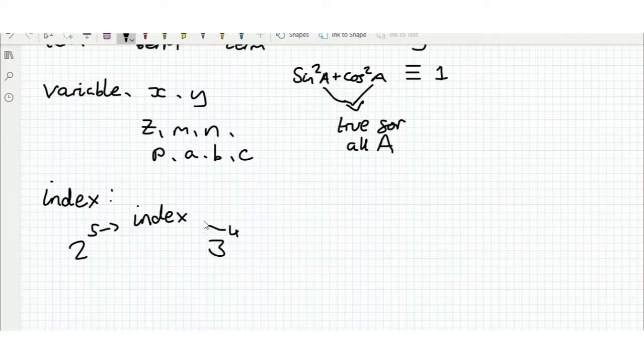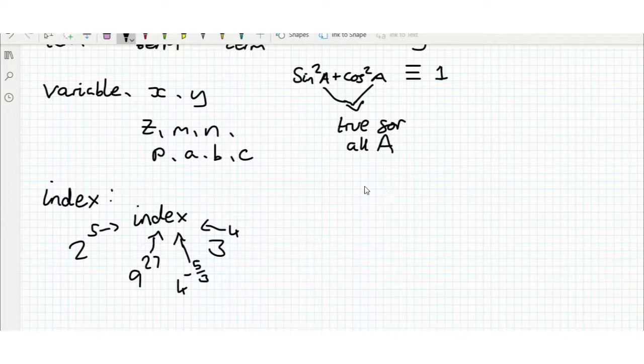It's the power in particular that is the index. The index can take lots of different forms. It could be 4 to the power of negative 5 over 3. Still an index. Alright, that one's a pretty simple definition.